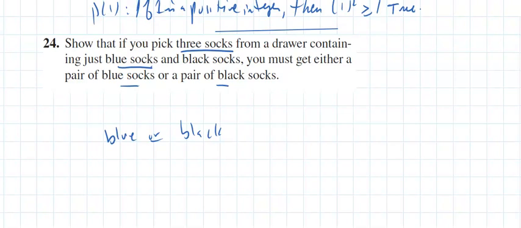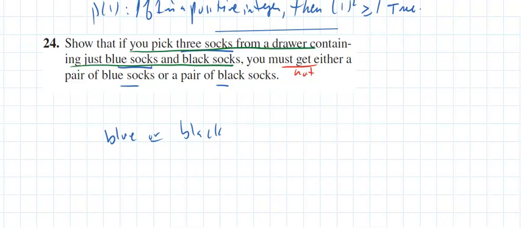Okay, well, suppose that if we pick 3 socks from a drawer, that's the P, containing these socks, then you will get either a pair of blue or a pair of black socks. They're saying you're going to get 2 of one of them. Let's say you will not get a pair of blue or a pair of black.